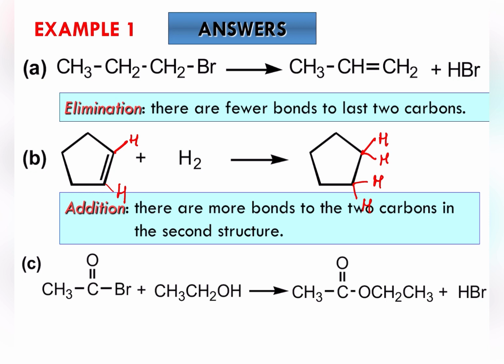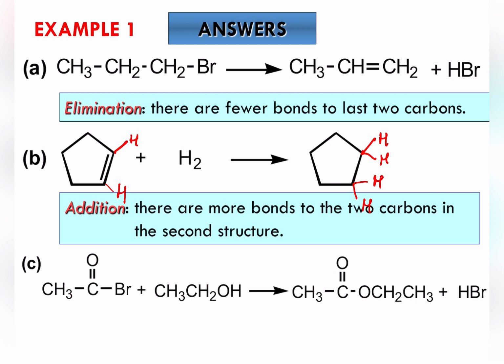Let's see the last example. You got carbonyl compounds reacting with alcohol to produce these products. And what can you see from here? The number of carbon chain and atoms are the same, but the difference is the position of atoms being replaced with one another.